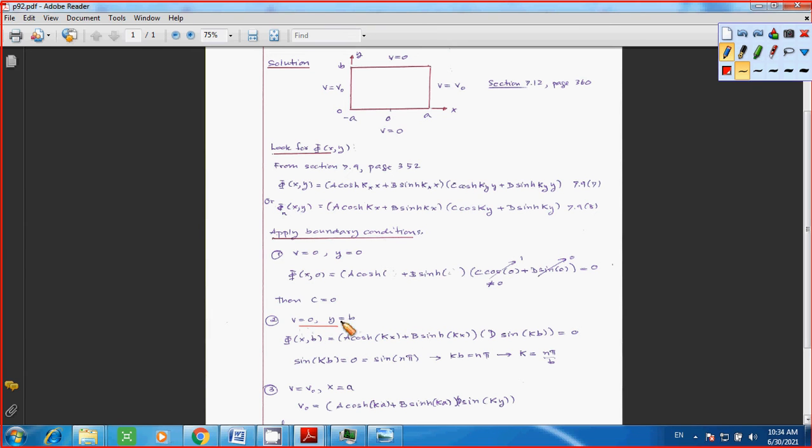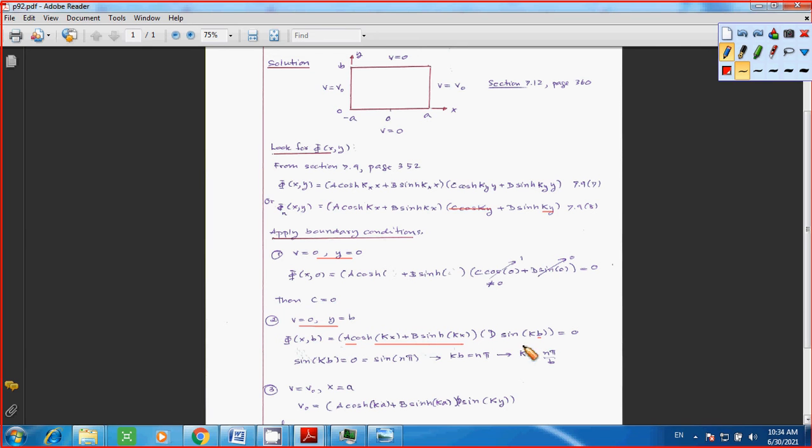The second boundary condition, at y equal to b, the potential is also 0. So from equation 7.98, you don't have this term anymore, right? By applying the first boundary condition. So at y equal to b, you leave this term, but there you plug in y equal to b.